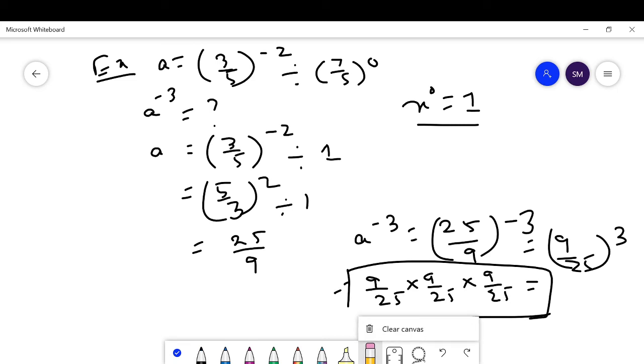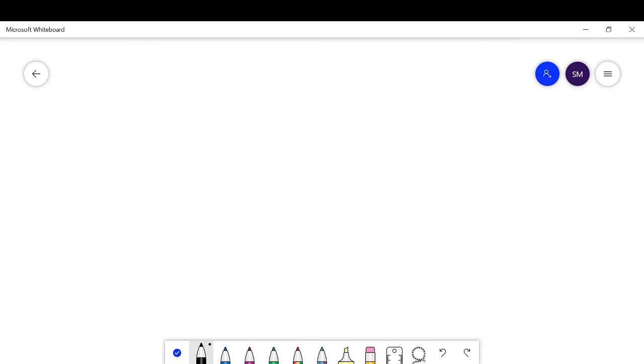Then solve another question. Here, simplify. The question is given, simplify: ((2/3)^2)^3 into (2/3)^(-4).